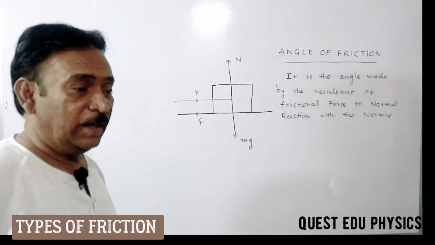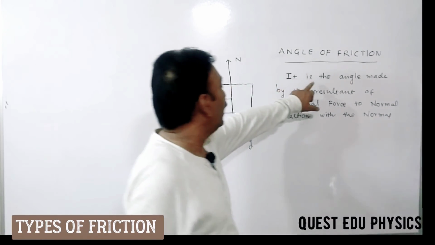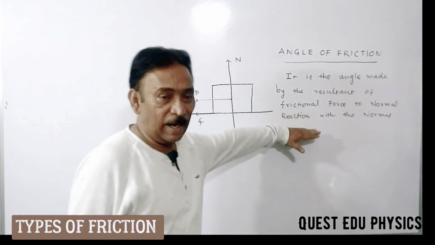Here it is nothing but just jumbling of the words. What is it saying? It is the angle made by the resultant of the frictional force and the normal reaction.